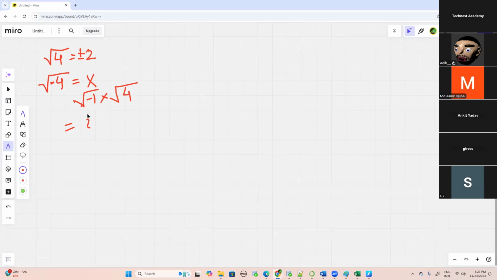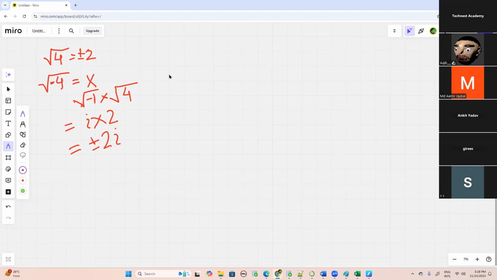So root of -1 will be i. Now the root of 4 will be plus minus 2. So this will become plus minus 2i. Clear? Yes. So root of -1 is i.